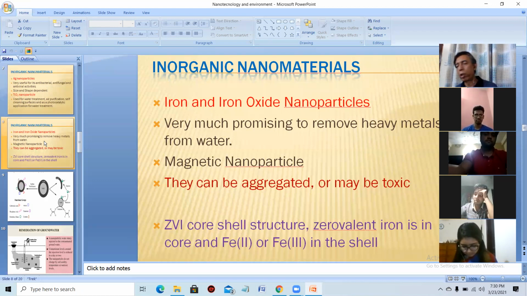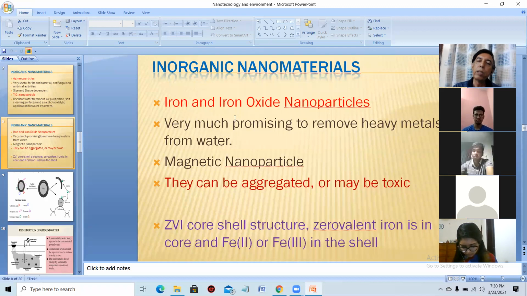That means we require iron to prepare hemoglobin in our body. So iron is inside our body, and if iron enters our body, it will not do that much harm. So we use iron and iron oxide nanoparticle as a remedial nanoparticle for the environment.